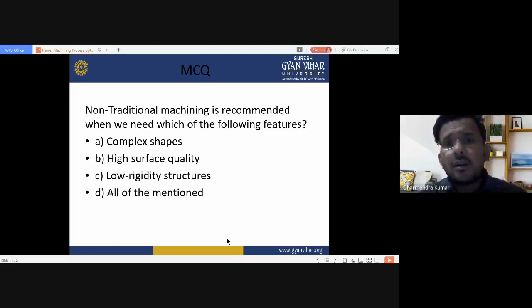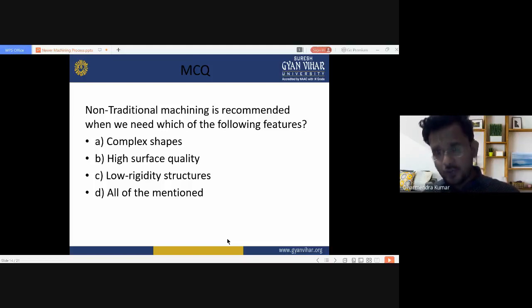First one: non-traditional machining is recommended when we need which of the following features. The options are complex shape, high surface quality, low rigidity structure, and the fourth one is all of the above mentioned. We have discussed in the advantages of non-traditional machining that we can easily produce either complex or simple shapes.